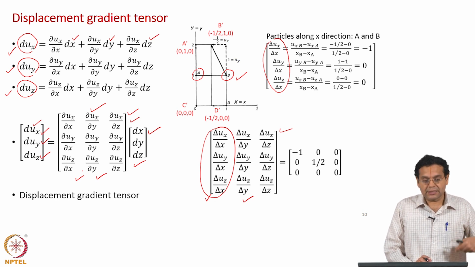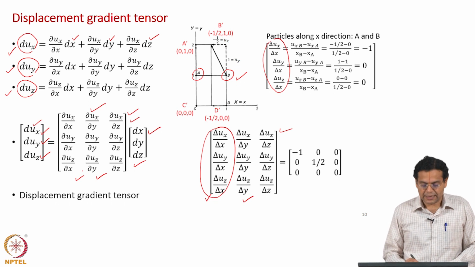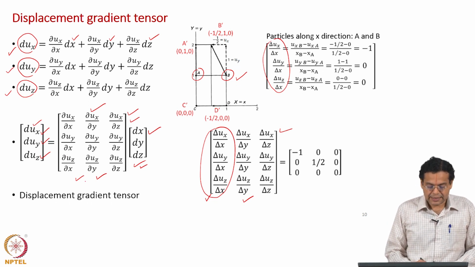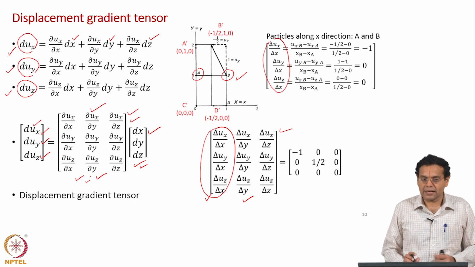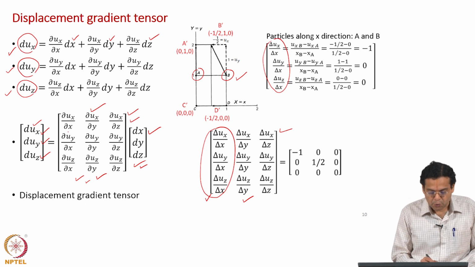Ux, uy, uz themselves have directions, x displacement, y displacement, z displacement. Each of them can vary in x, y, z directions, that is what is given here. So, the tensor connecting these two has 2 directions attached to it.